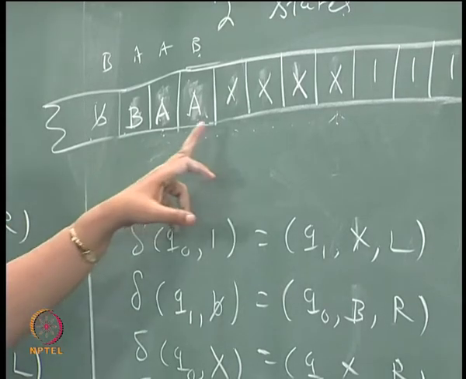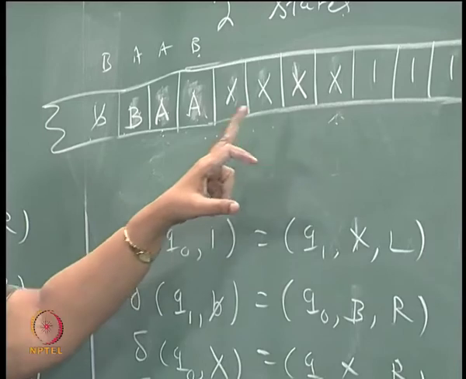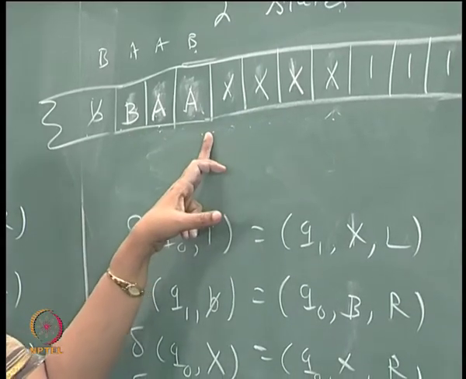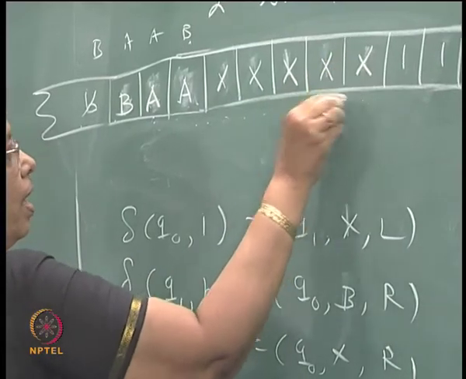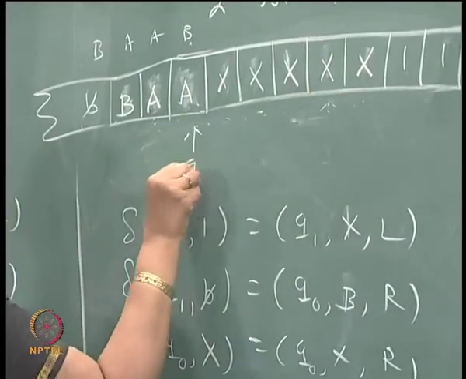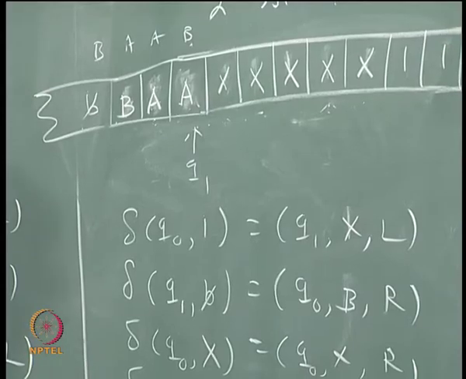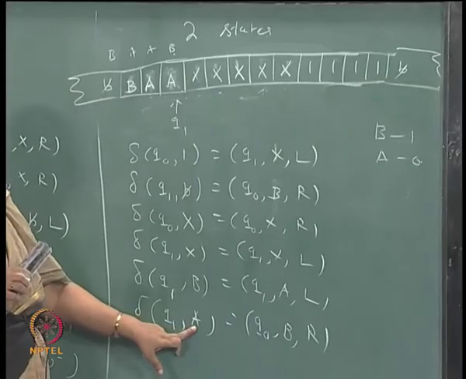Now, 4 of the ones you have converted into X and you are having the number 4. Now, do the same thing, change this into a X and come back here, you will be seeing an A, right.